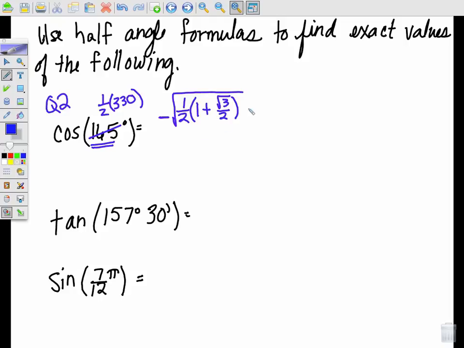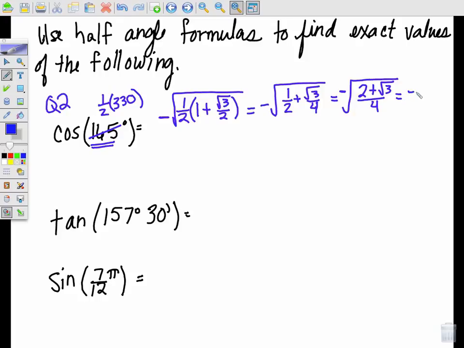All right, so that's what I need to simplify. As I simplify this, I'm going to have negative square root of 1/2 plus the square root of 3 over 4. Combine these with a common denominator and multiply this by 2, so it's 2 plus the square root of 3 all over 4.